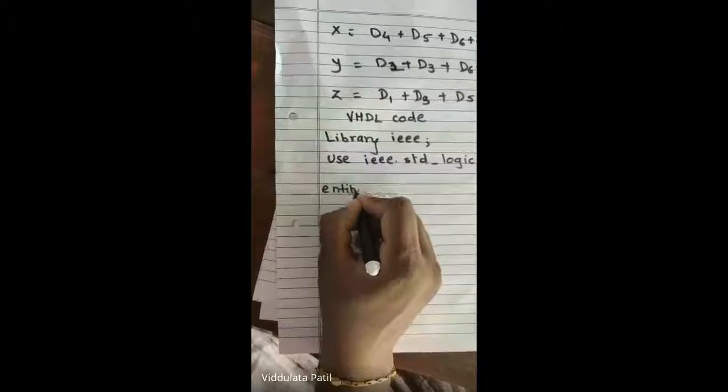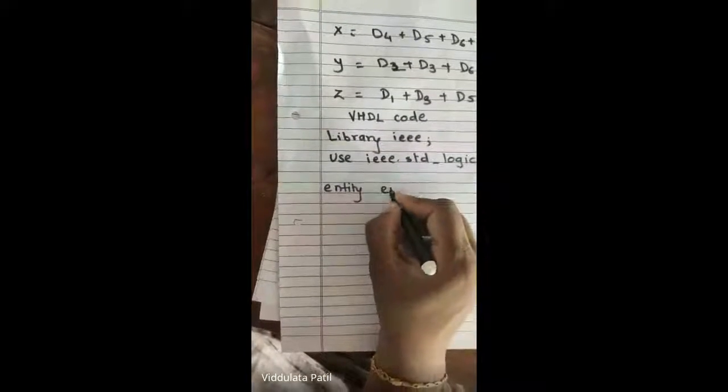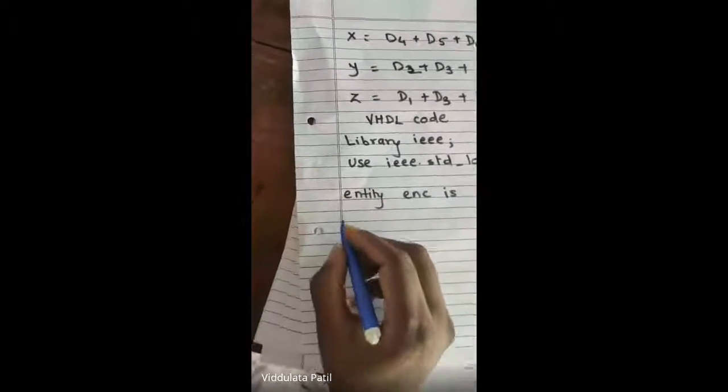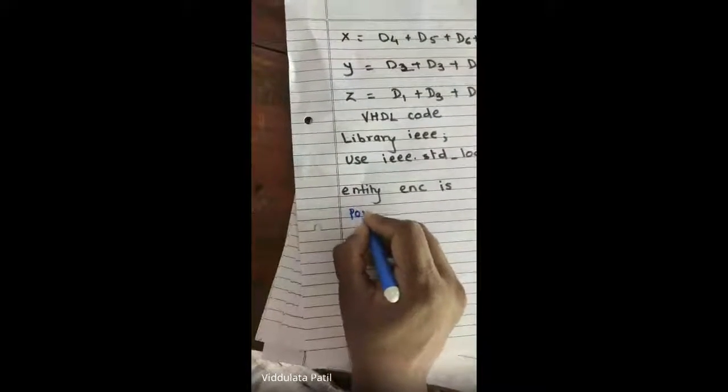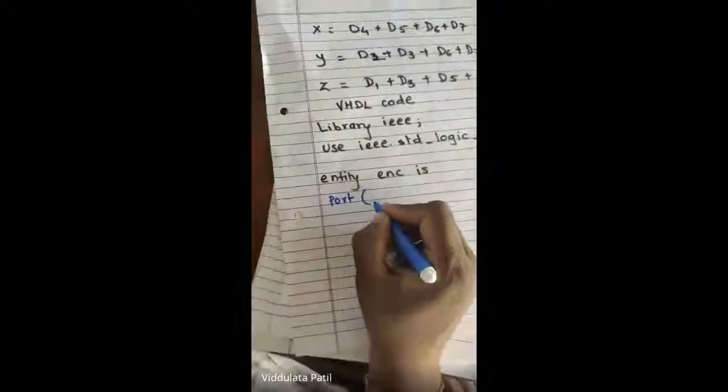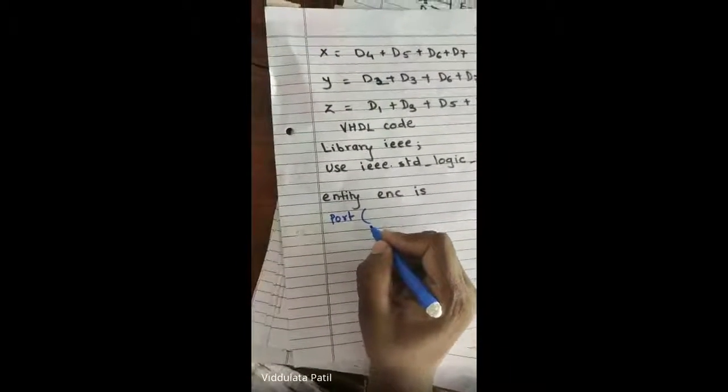We will give the name to this entity as ENC. You can give any name. Then we need to declare ports. Port. How many input ports are there? 8.